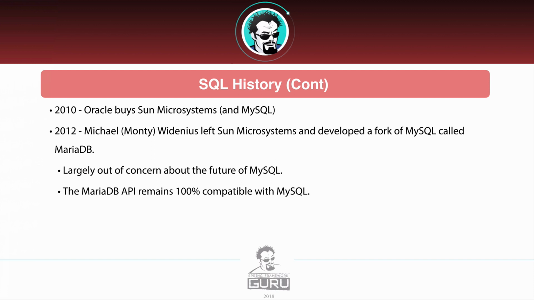So you do get a high degree of compatibility there. As a developer, you should not see any functional differences as you work with that database. And MariaDB is becoming very popular. So if you need to use MySQL or MariaDB, once you have it stood up and running, you really shouldn't see much of a difference.